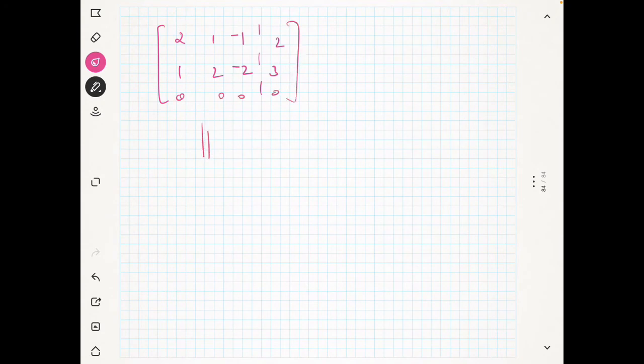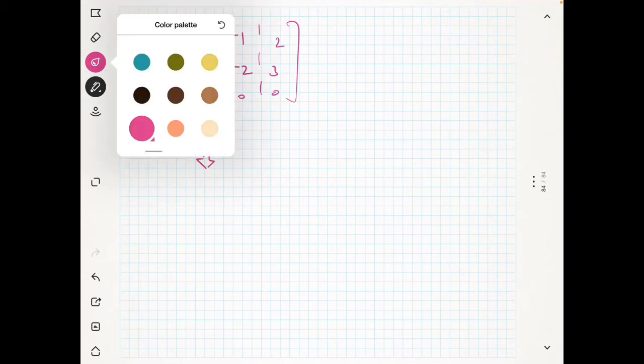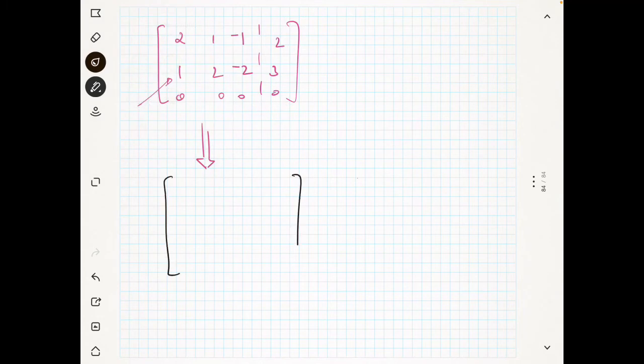Now I will again reduce this, because I will make this part 0 here. I will change row 2 as row 2 minus half row 1.